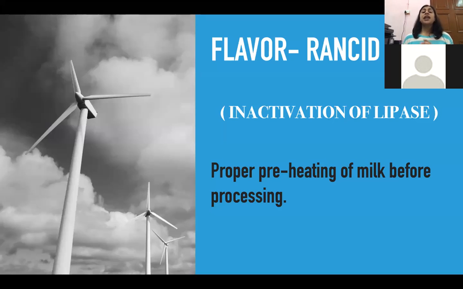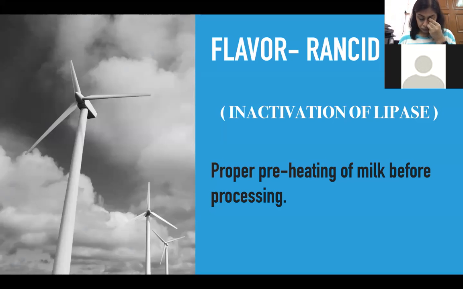Then comes the rancid flavor. Now, why does this rancid flavor come? This rancid flavor occurs due to lipase enzyme, which is present in milk, not being inactivated. What is the temperature of inactivation of lipase enzyme?